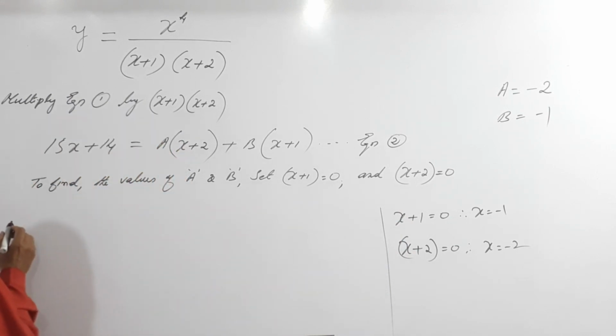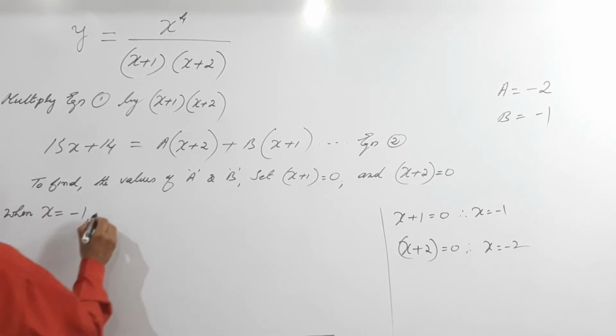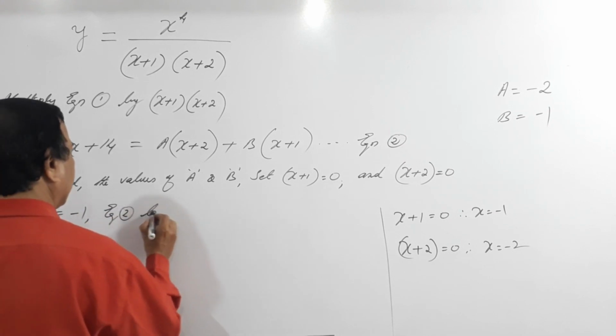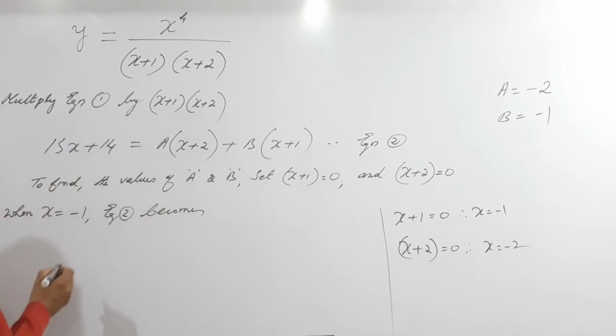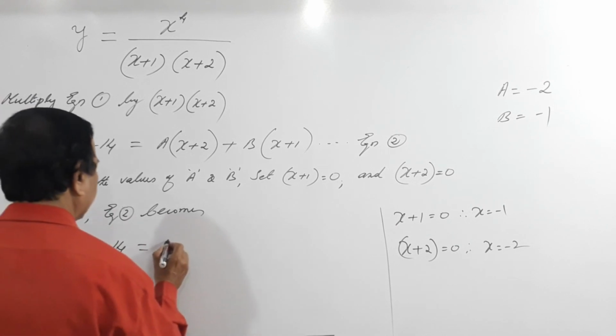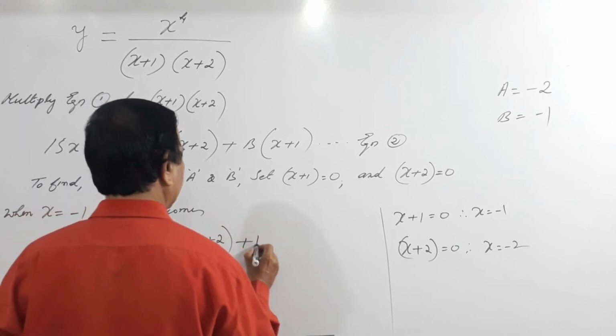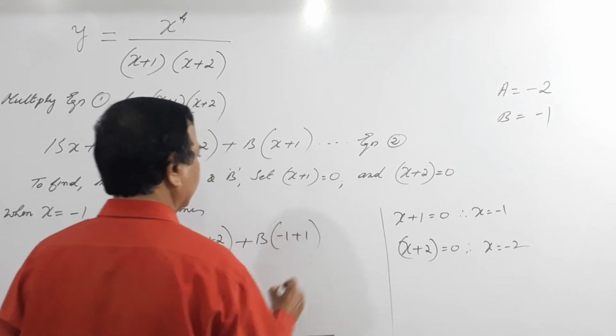Now equation 2, when x equals minus 1, becomes what? 15 into minus 1 plus 14 equals a into (minus 1 plus 2) plus b into (minus 1 plus 1).